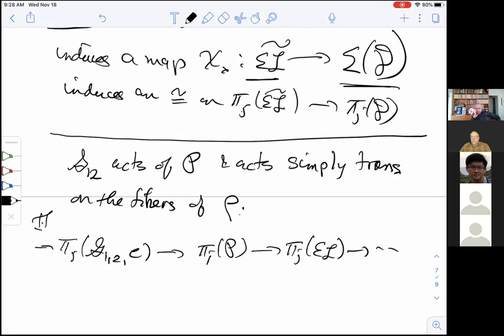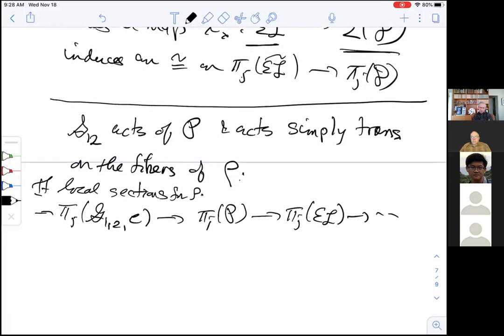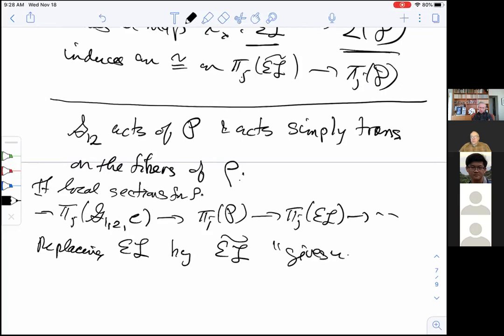So if you had local sections for rho, this group action would make P a fiber bundle over the base, and you get a sequence like that. Well, we don't have local sections, but replacing EL by this sub-simplicial set, EL tilde, gives us local sections.